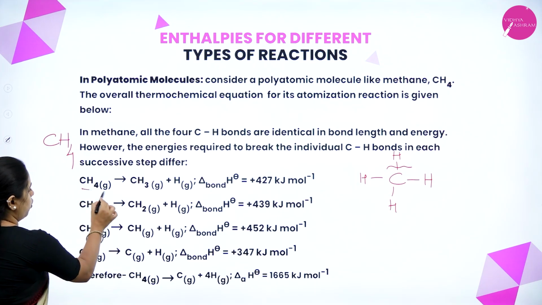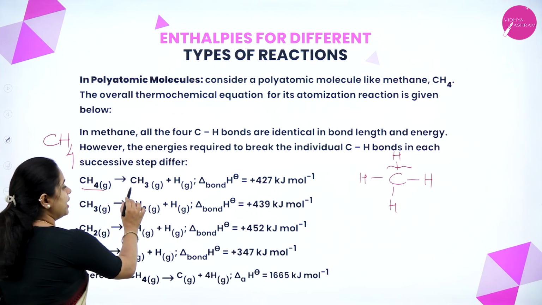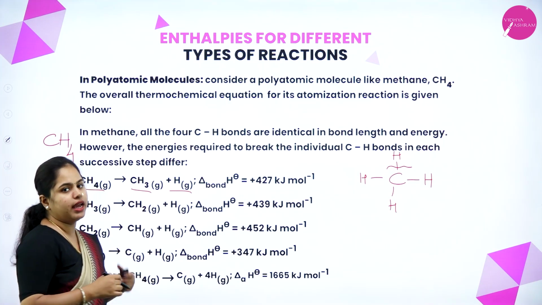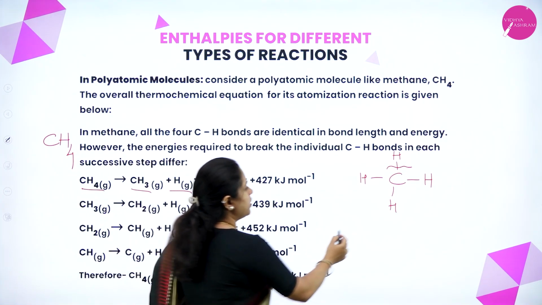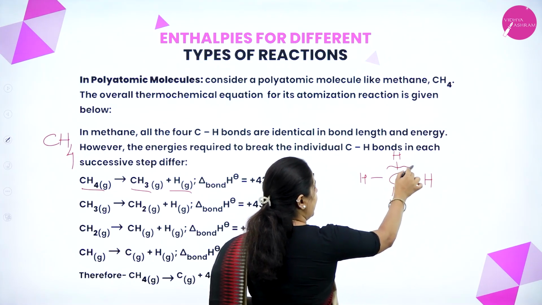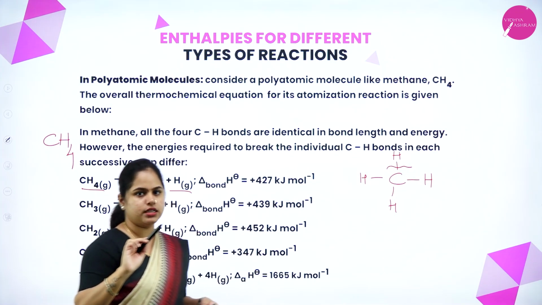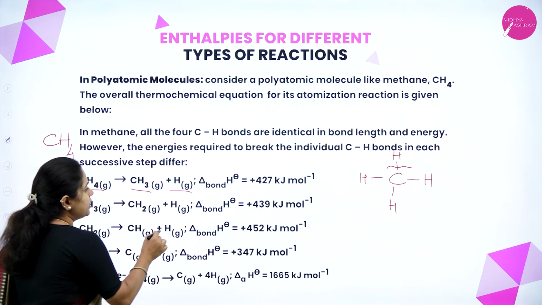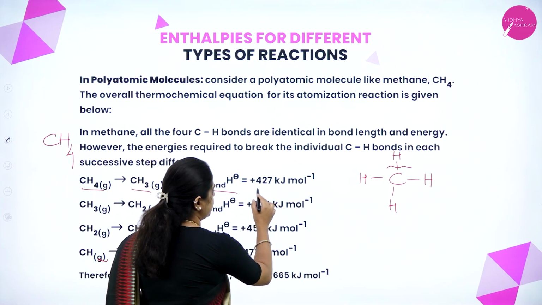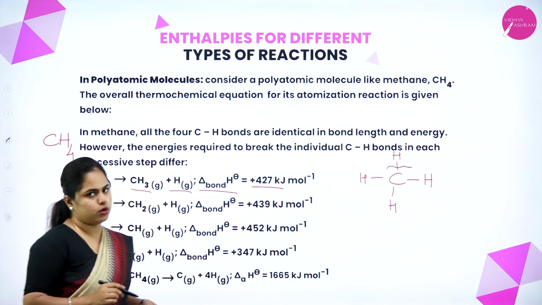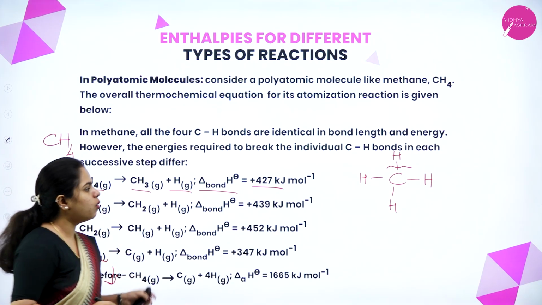So CH4 is breaking down into CH3 and 1 H is broken. Okay, 1 H is released. That means that now what is left here? CH3 and this hydrogen atom is released. Right. So in this case, the bond enthalpy, the standard bond dissociation energy is 427 kilojoule per mole. Now what is left here?